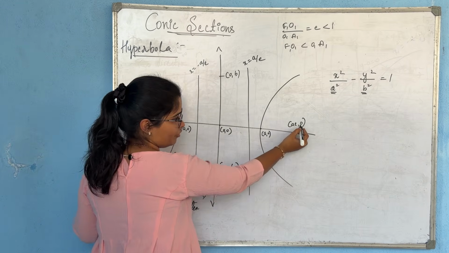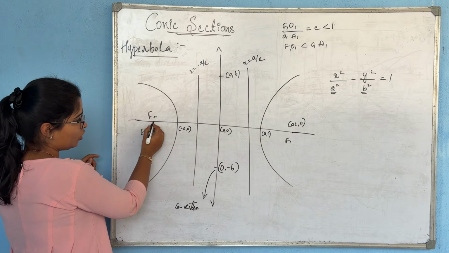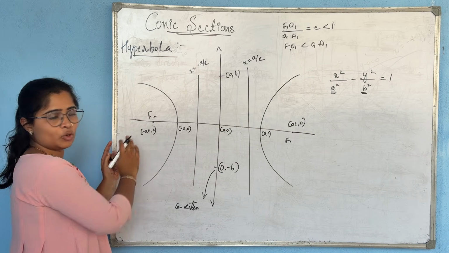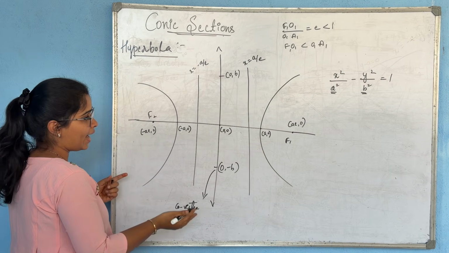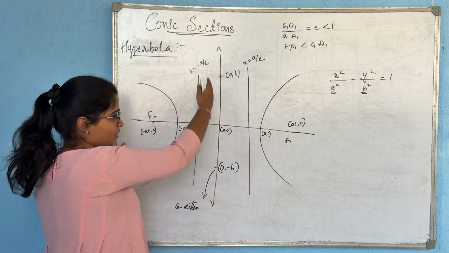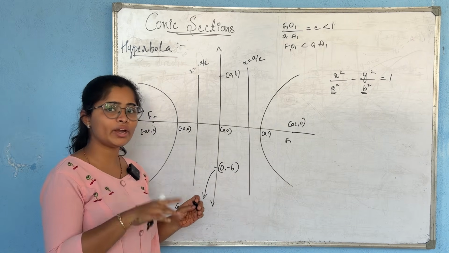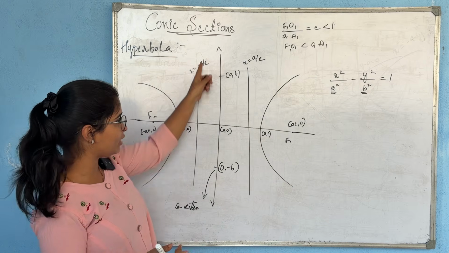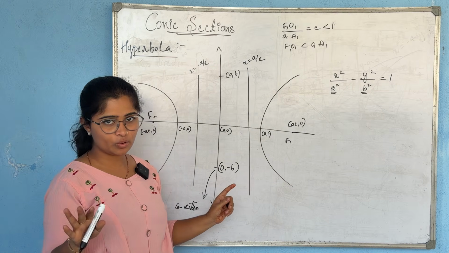That is, the coordinates of f1 is a, 0 and coordinates of f2 is minus a, 0, because it is lying on x axis. And if this is transverse axis, then the opposite axis will be named as conjugate axis. That is the only difference.